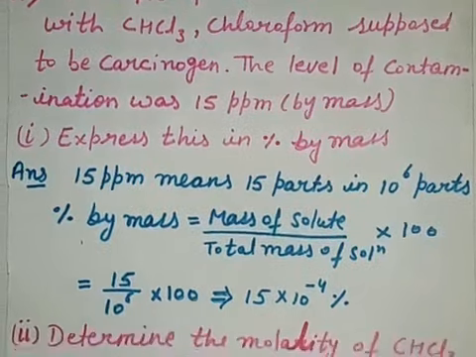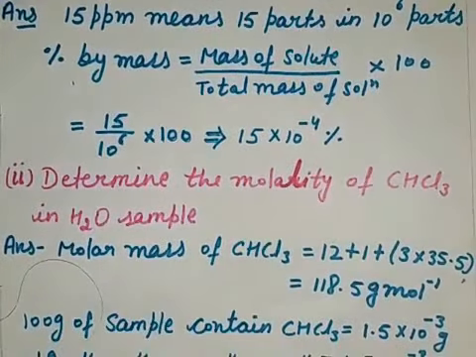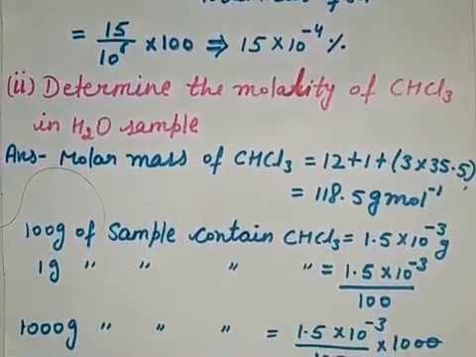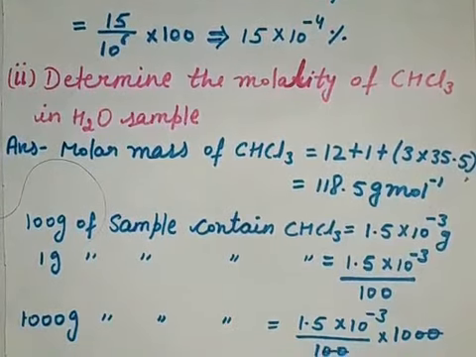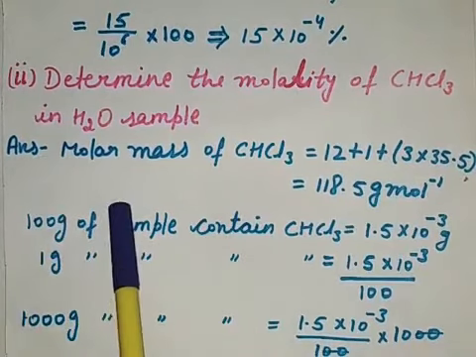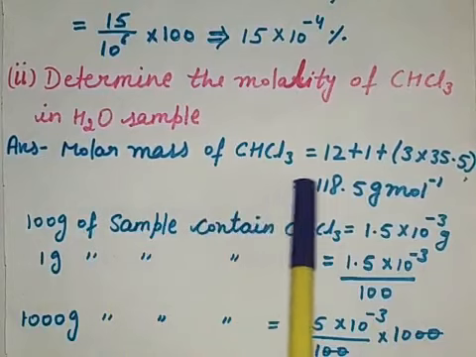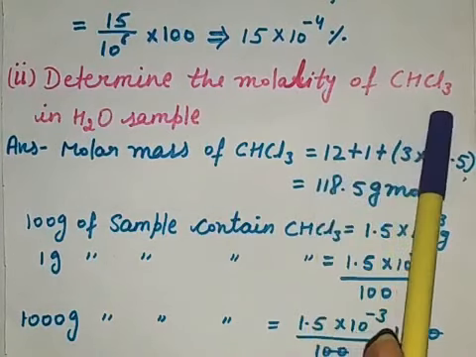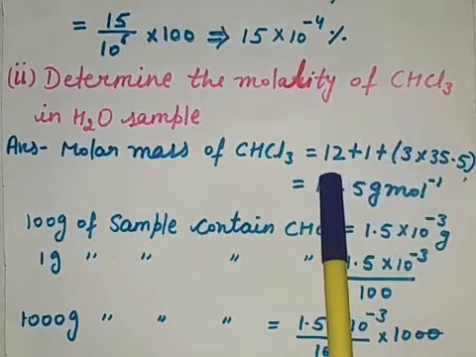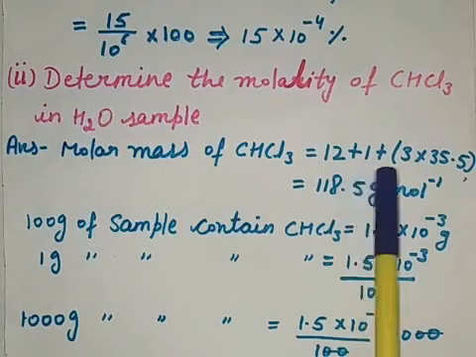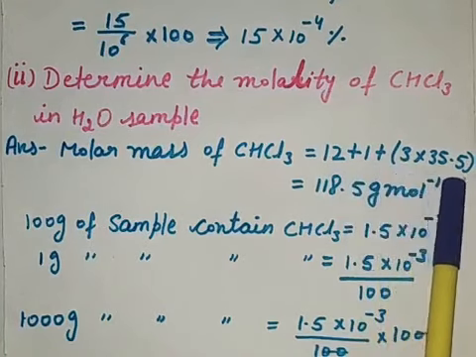Now the second part of the same question is to determine the molality of chloroform in the water sample. Now we have to determine molality. You can calculate the molar mass of chloroform easily by putting the atomic mass of each and every element. Carbon atomic mass is 12 plus 1 plus 3 into 35.5.